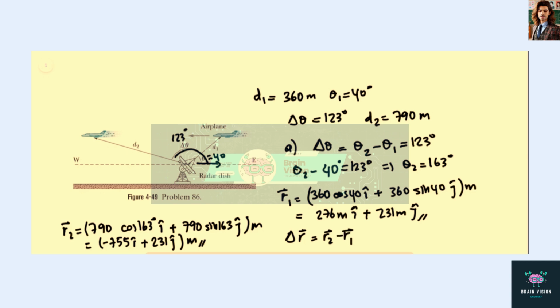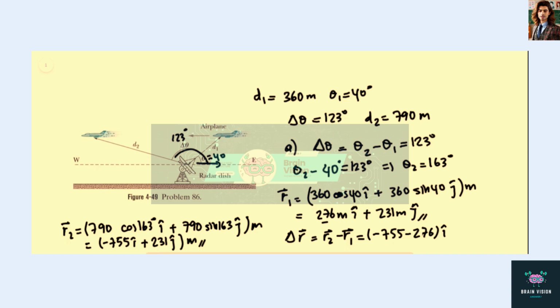If you look at the y components, when you do this, they are going to cancel each other out. So in the x component, you have negative 755 minus 276, right here. And 231 minus 231 is going to give us 0.